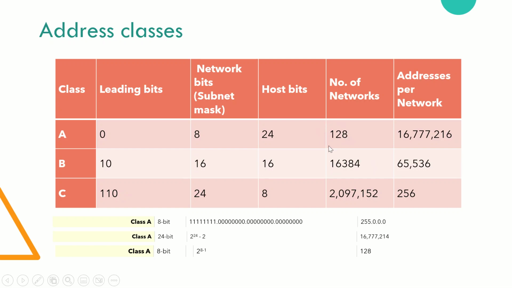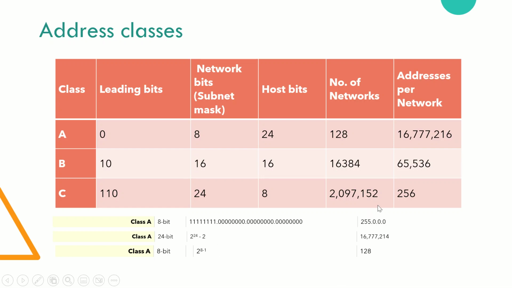How many networks do we have? This is here: 2 to the power of network bits, this is 8, minus 1, should be 128.